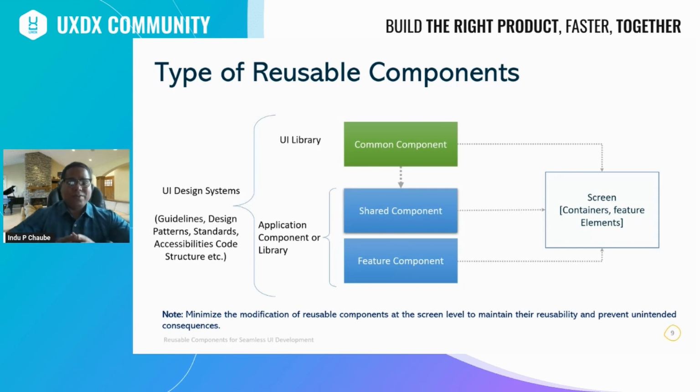so that when we adopt that particular version, we know what kind of features we are going to get, what kind of flavor we are going to get, and how that particular library's elements are going to behave and act throughout the product journey. And there are some more types of reusable components, like shared components and feature level components.